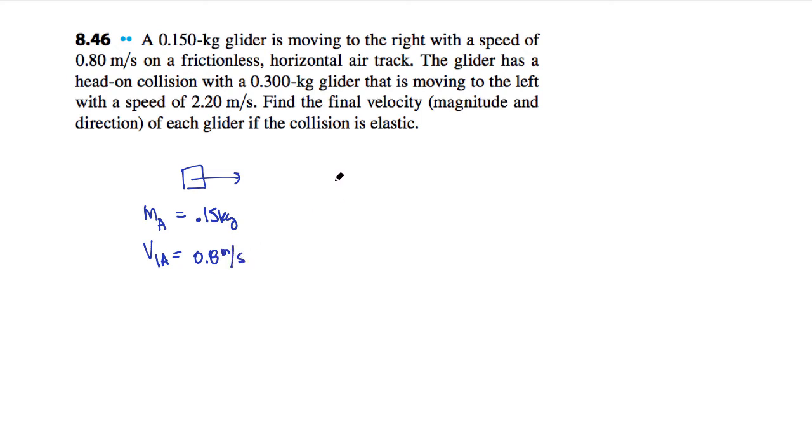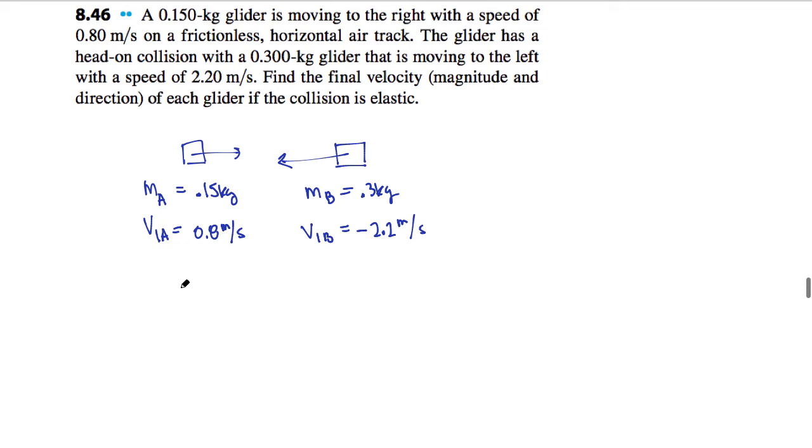It collides head-on with another glider that is moving in the opposite direction with a much higher speed. So we have glider B, which has a mass of 0.3 kilograms, and it's moving with a velocity, V1B, of negative 2.2 meters per second. We want to find the final velocity of each glider if the collision is elastic.